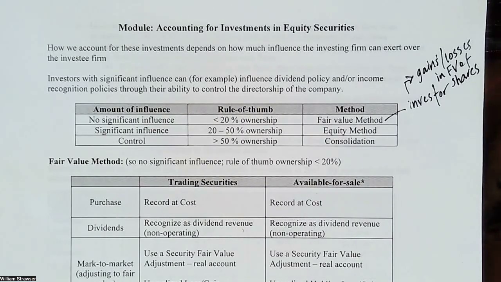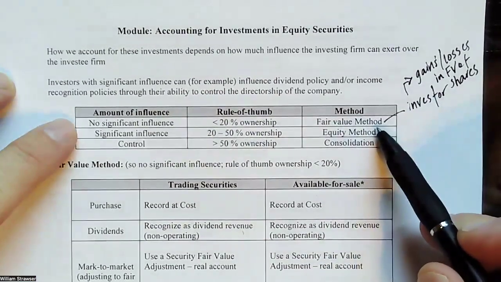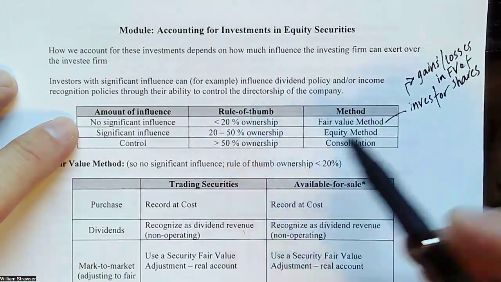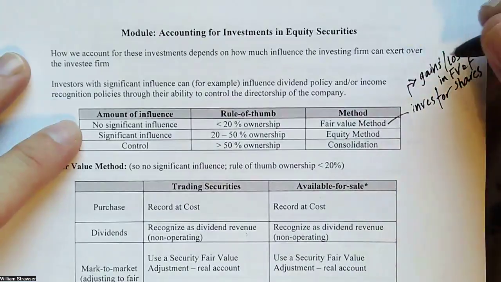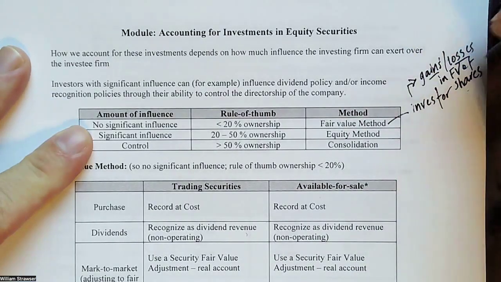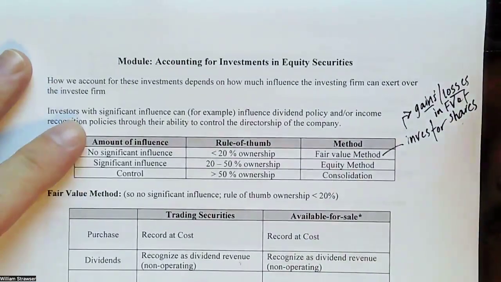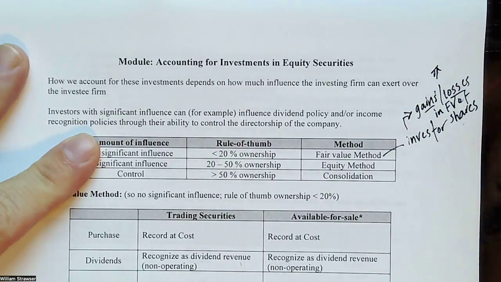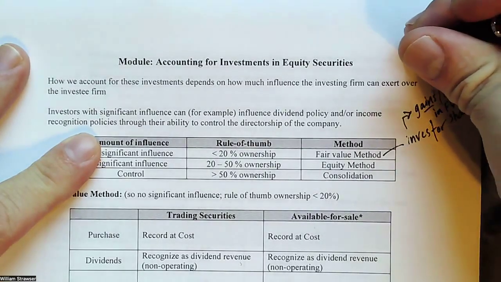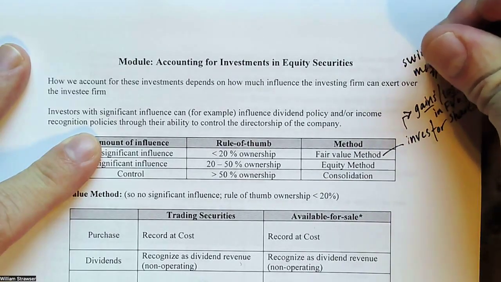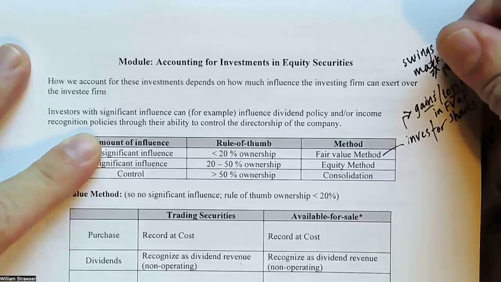Because of that perspective, because of the return we're looking for when we're invested at this level of ownership in our investee, we really want to track these gains and losses just in the fair value of shares. To be more specific and explicit, when we're talking about the fair value of the shares, we're talking about swings in market prices. So that's going to dictate our accounting in that context.